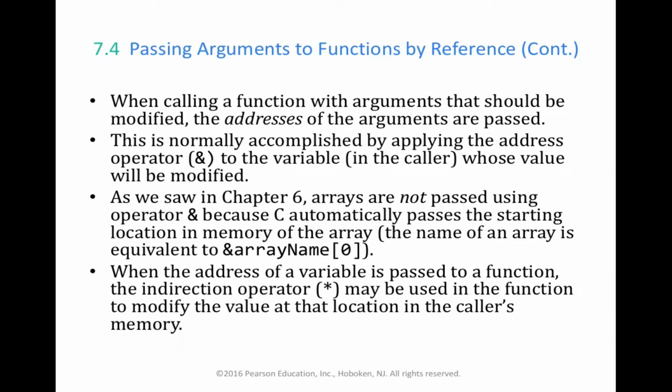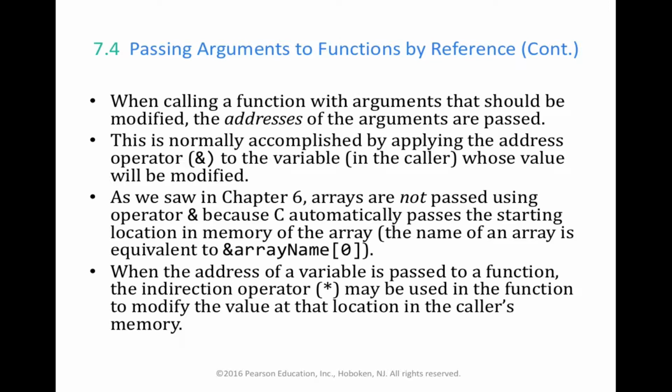When we have a function that needs to modify the arguments that the caller has provided, we'll use the addresses of those arguments so that we can make that change. Normally we'll accomplish this by applying the address operator to the variable in the caller, whose value is supposed to be modified.